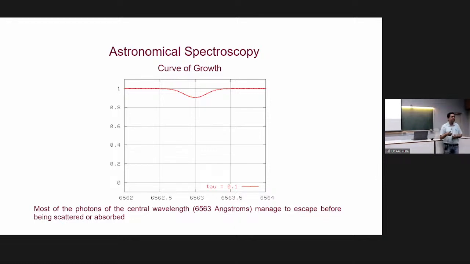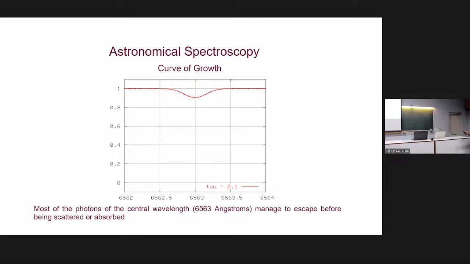In optically thin environments, the number of absorbing atoms, molecules is less. So the equivalent width is linearly proportional to the number of atoms. If this is our spectral line, this is normalized. I'll show you how to normalize this.